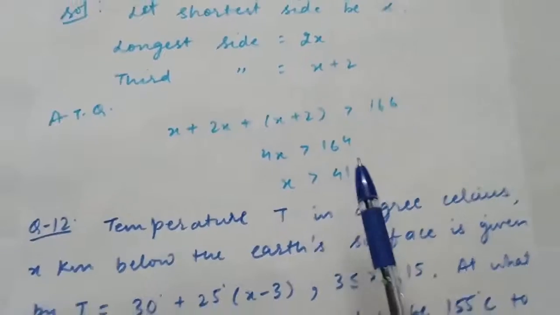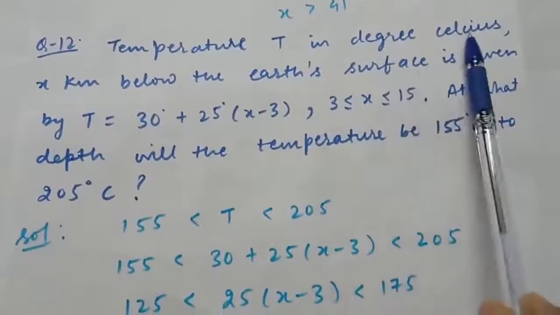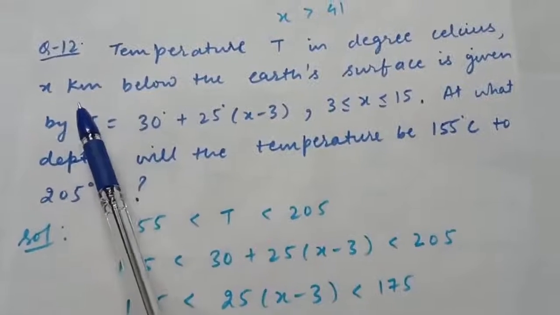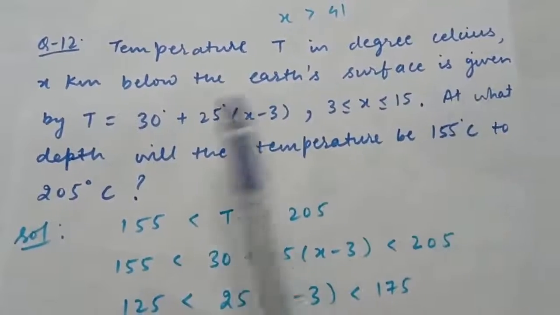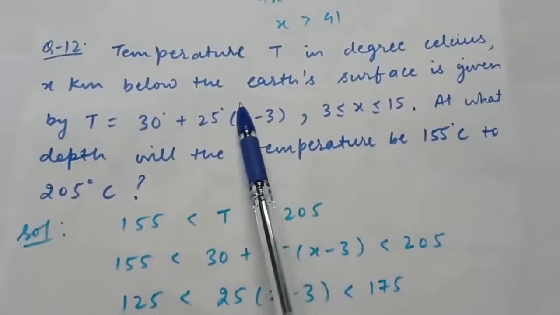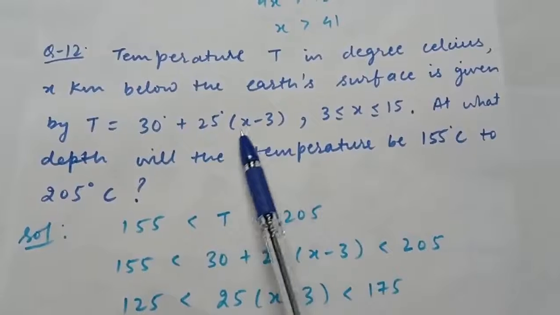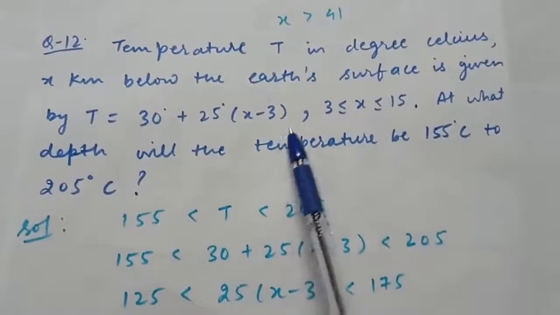Right? Question number 12. Temperature T in degrees Celsius, x kilometer below the earth's surface, is given by T. Temperature is given as this, where x is the depth of the hole below the earth's surface.